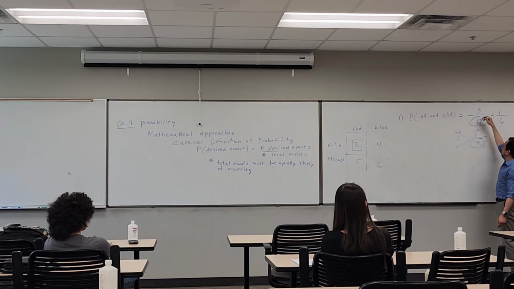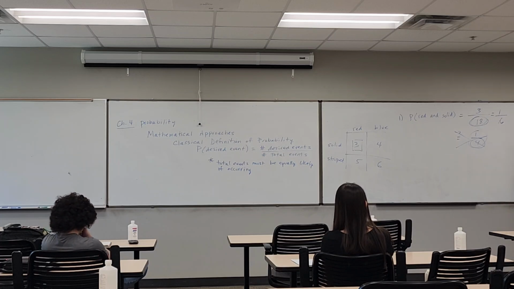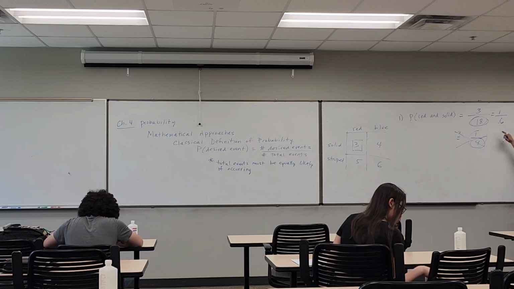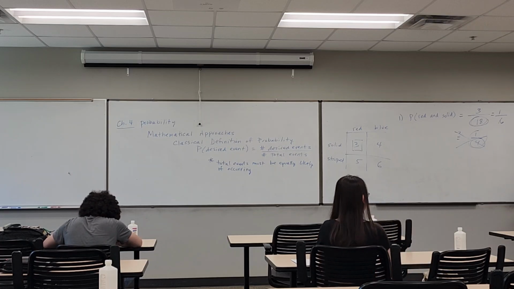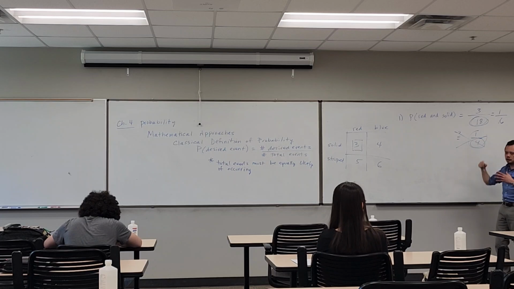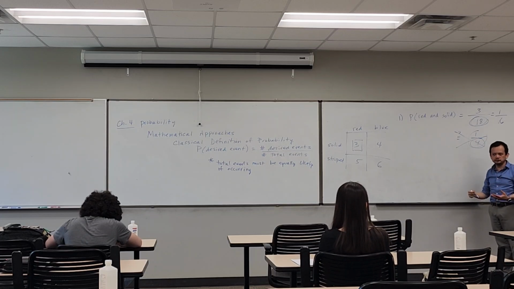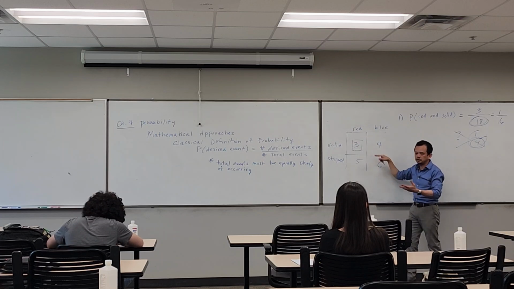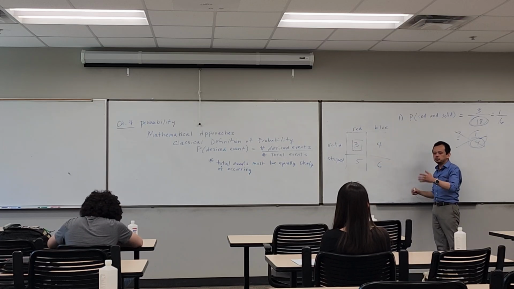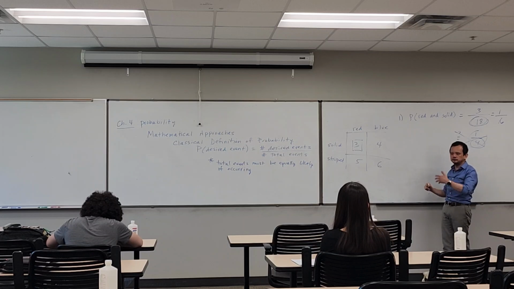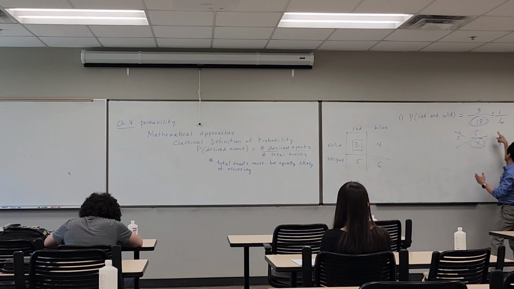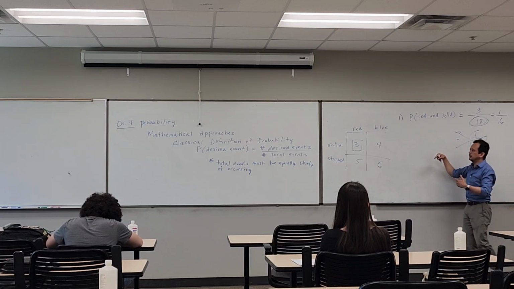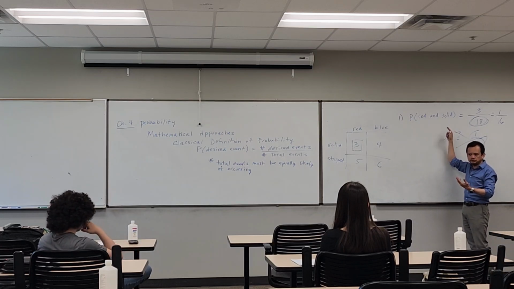This answer, 3 out of 18, or equivalently 1/6, is significant. It's not just an abstract number. It represents the same answer as if you were able to observe a number of marbles that approaches infinity. If you're able to repeat this experiment, selecting a random marble, a number of times that approaches infinity, like 1 trillion times, then 1/6 of the time you're going to get a marble that is both red and solid.